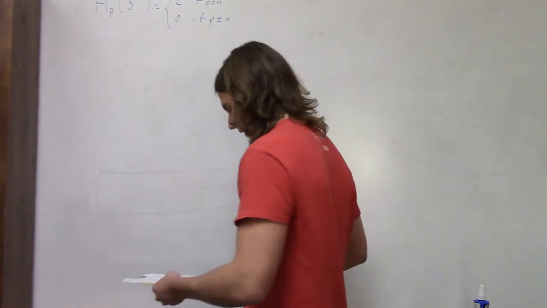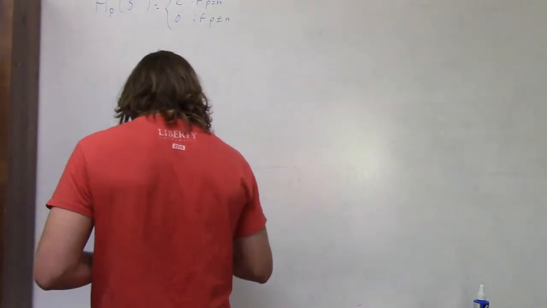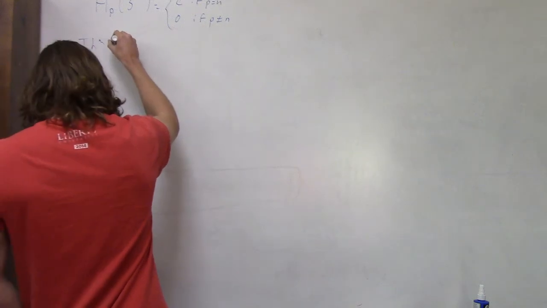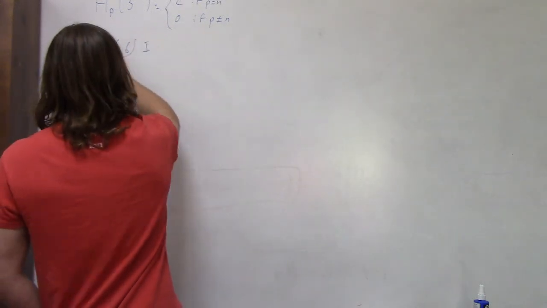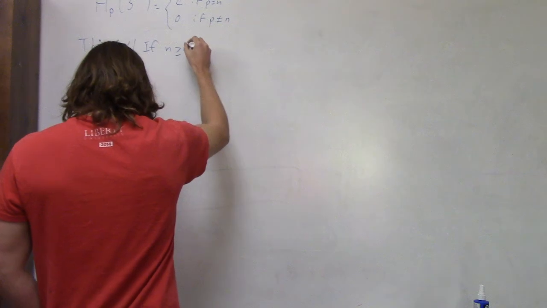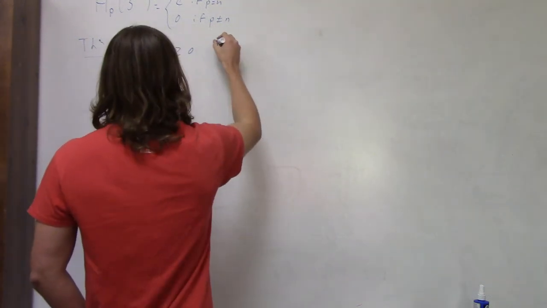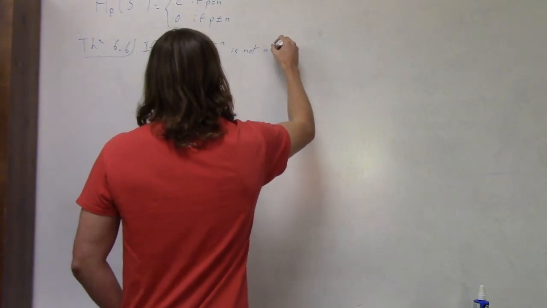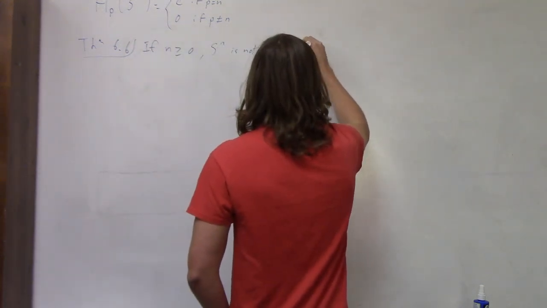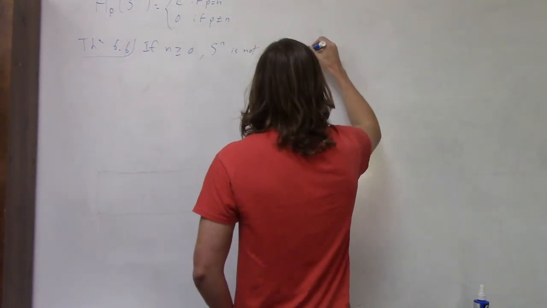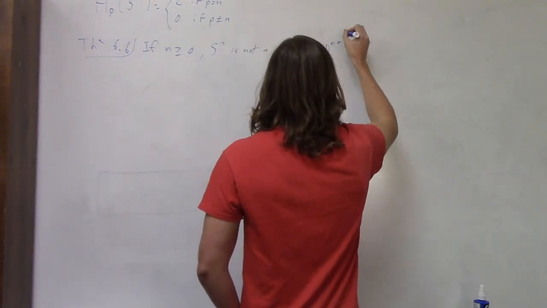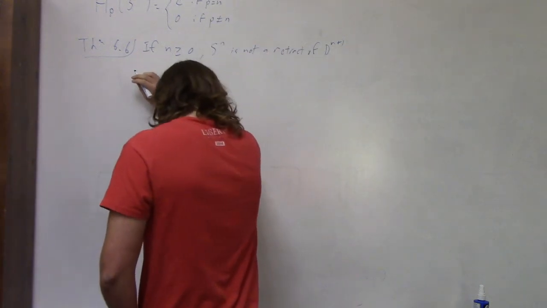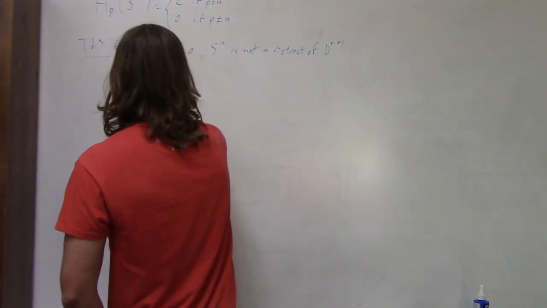So the first theorem we have is that if n is greater than or equal to 0, then Sn is not a retract of Dn+1. If you don't mind, I'm not going to go over that proof again. Just remember the end of the proof, I think it was lemma 0.2.